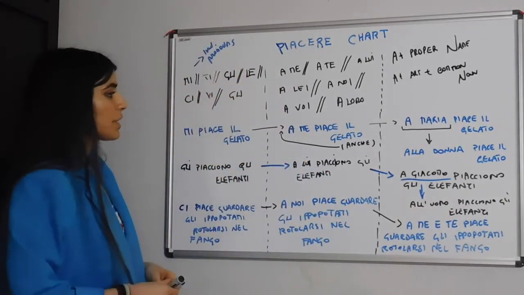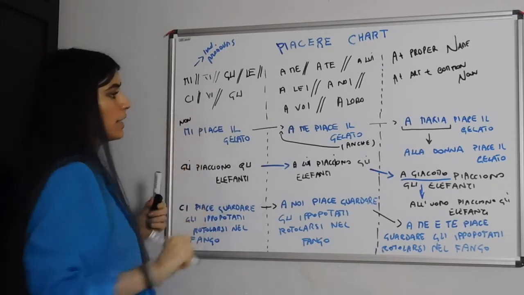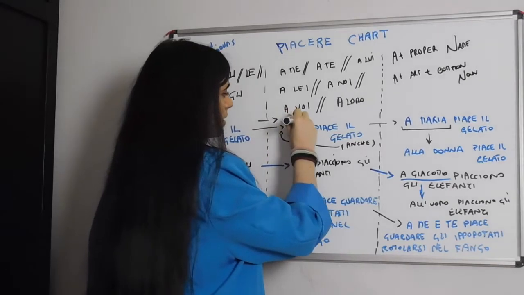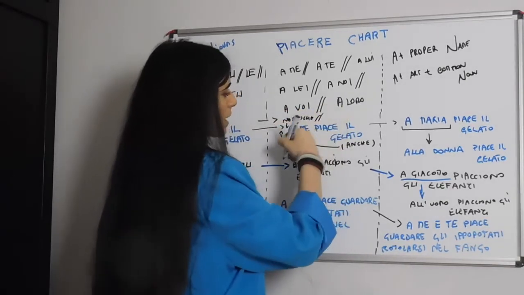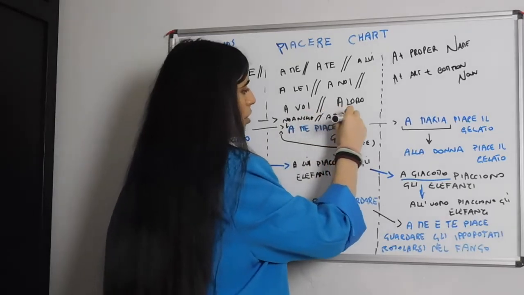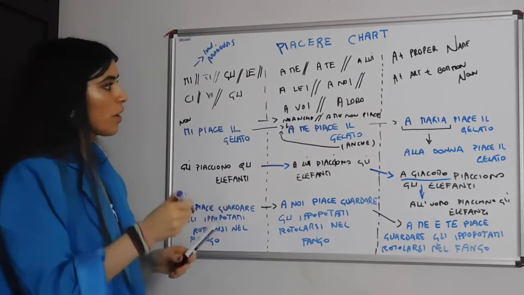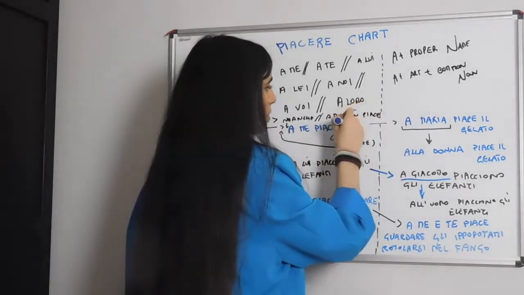Guys, let's assume for a second that this one was negative. So non mi piace il gelato would become something like neanche a me piace, or a me non piace, okay? Here, what I want to say is that the position of non is very important.